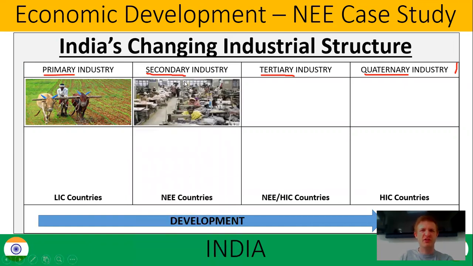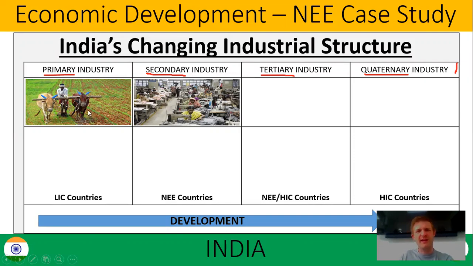And the secondary industry is manufacturing, turning those goods, those primary industry goods, into something else. So it might be taking metal from a mine and turning it into a car, taking cotton from plants and turning it into garments and clothes. It might be taking crops out of the ground, turning it into food.